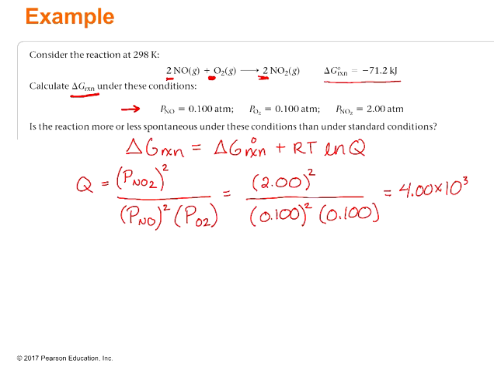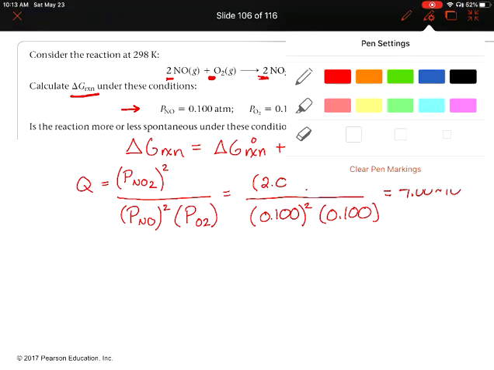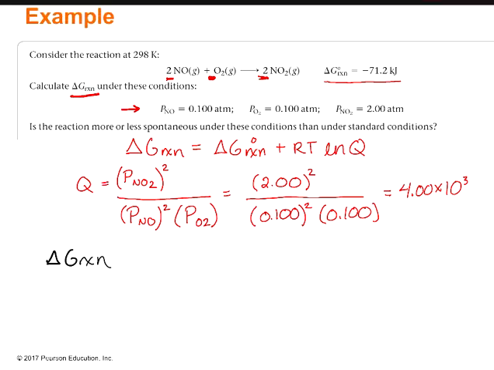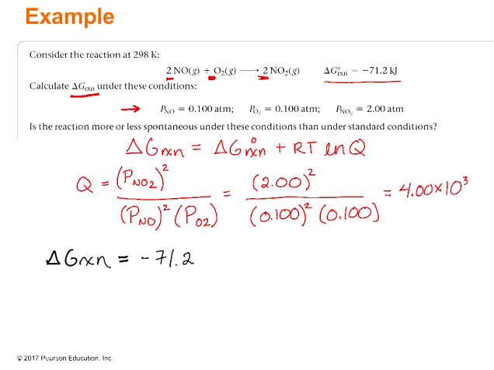Okay, so now we can plug everything in to our equation for delta G. So delta G of the reaction will equal delta G of the reaction under standard conditions, which we saw was negative 71.2 kilojoules, but I'm going to convert this to joules because remember the gas constant is in terms of joules.